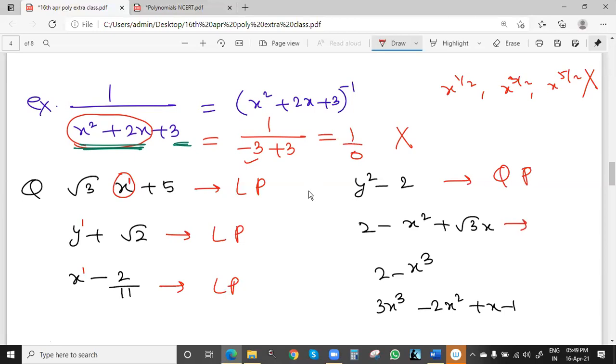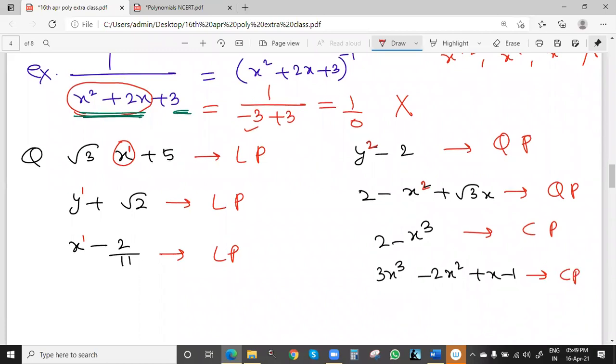Then this one, quadratic only, because the maximum power of x is 2. This one, cubic polynomial, and then this one, cubic polynomial.